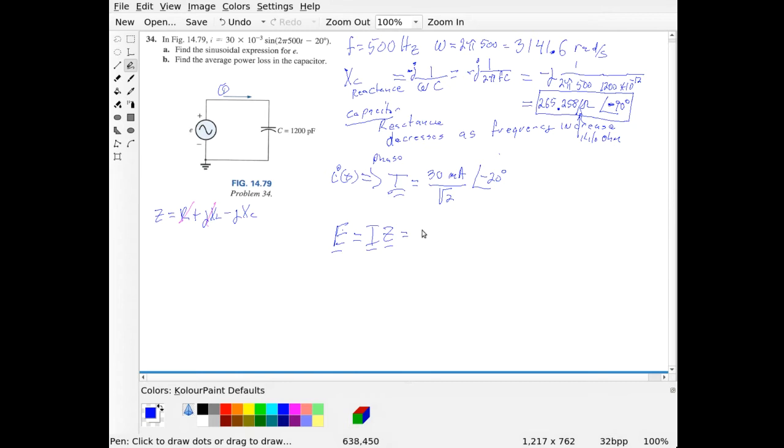And so we're going to have 30 milliamperes at an angle of minus 20 degrees divided by the square root of 2 times 265.258 kilo ohms at an angle of minus 90 degrees.